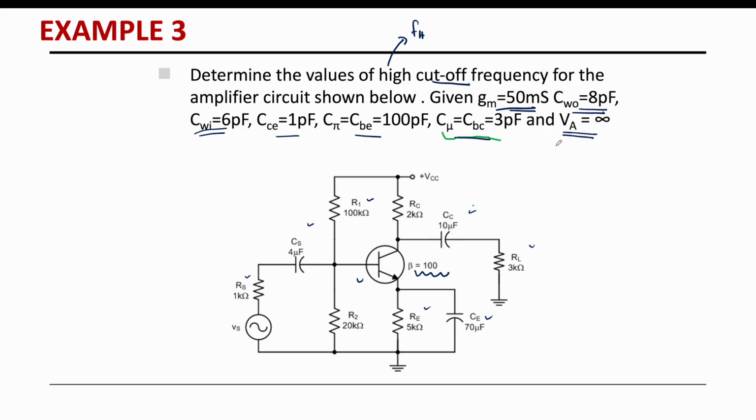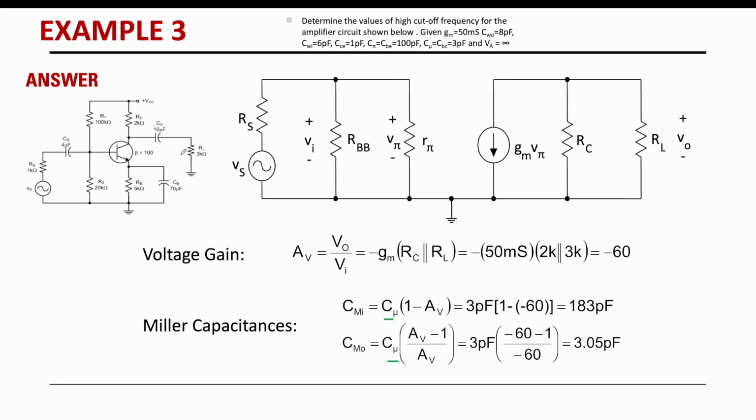Alright, first of all, we need to draw the AC equivalent circuit. Usually the question will ask us to draw it. So it will look as such. If we recall, CS and CC, the coupling capacitors, become short circuit, and the bypass capacitor also becomes short circuit. Therefore, these will not be included inside your AC equivalent circuit.